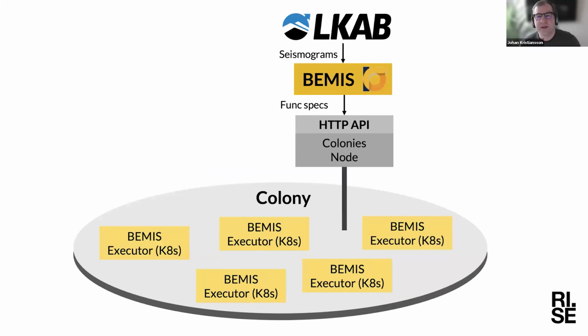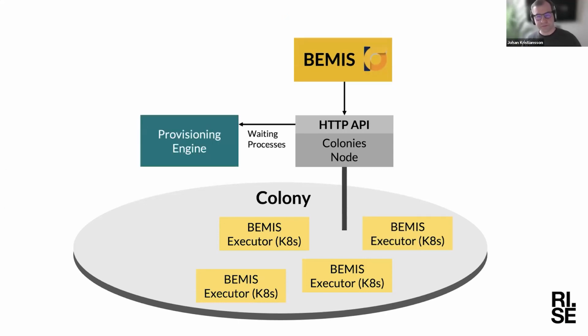So this can be implemented in this kind of way. We have data coming in from LKB, and then that goes into the BMIS compute engine, and the BMIS compute engine will generate function specifications, and these will be executed by a huge amount of BMIS executors. The interesting part with this architecture is that it's very resilient.